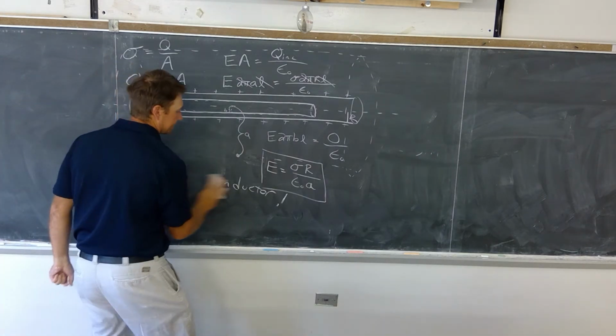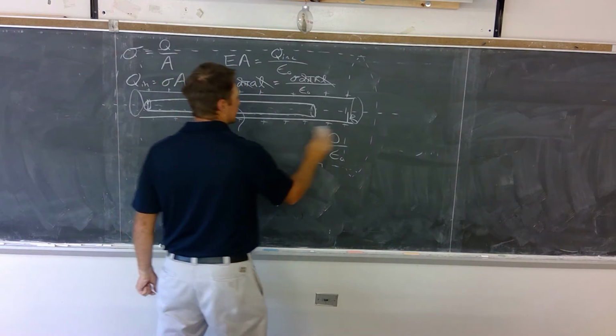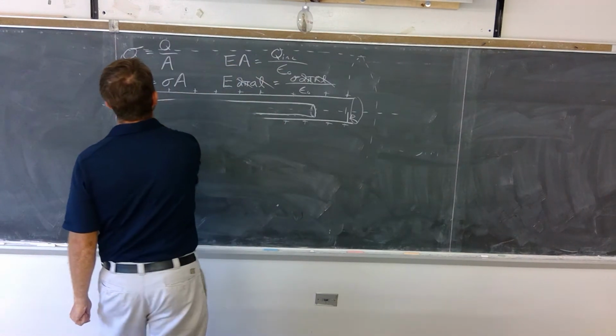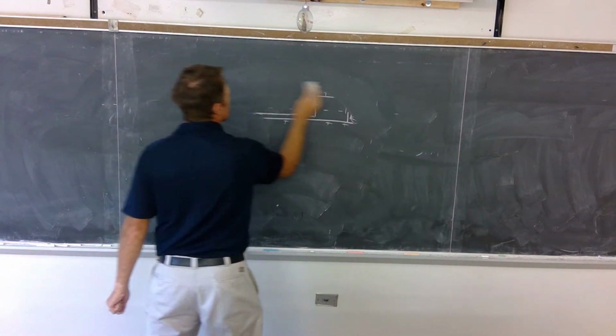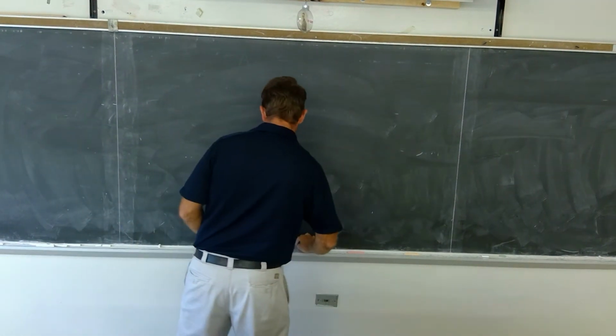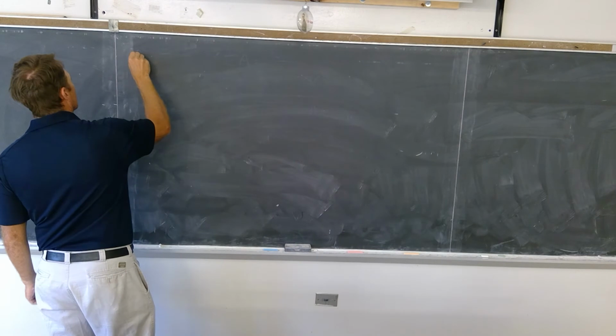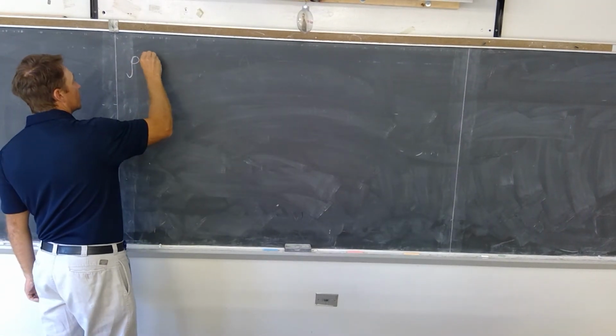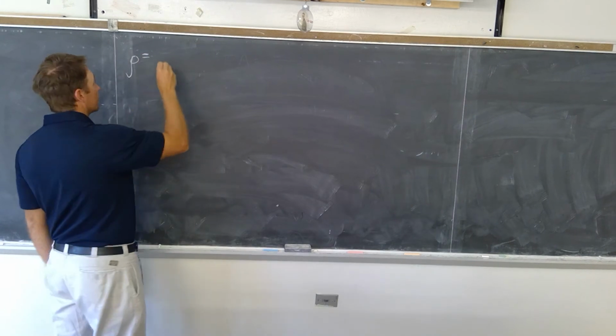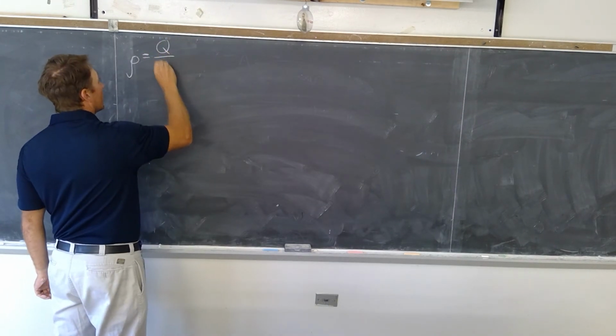Last one. Rho. Rho is a volumetric charge density that is Q per volume.